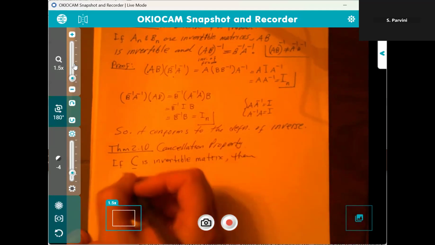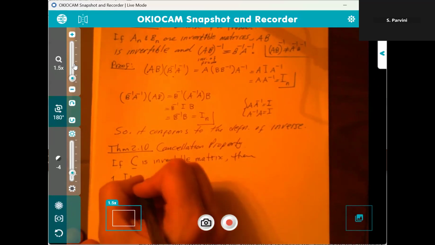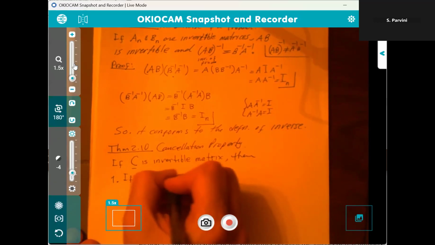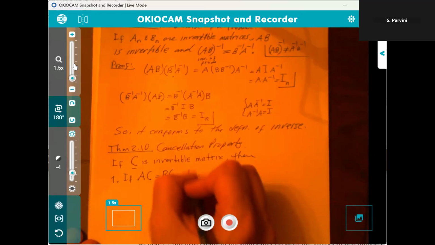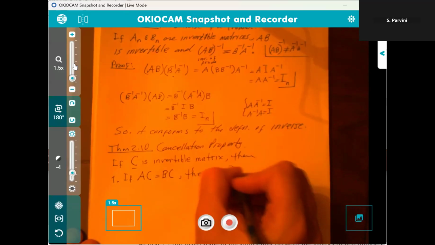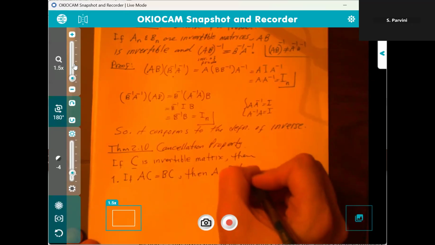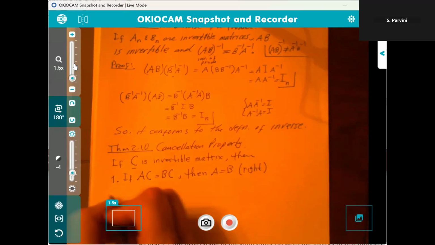And then, first part, if you have the equation AC equals BC, feel free to cancel C. Then A is equal to B. This is called right cancellation.